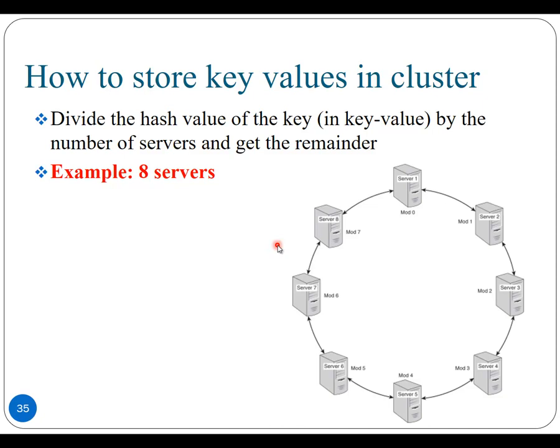If we have 8 servers, the result would be between 0 and 7. So if it is 0, it means server number 1. If it is 1, it is server number 2, and if it is 7, it's server number 8. That's how we could store the data in the cluster.